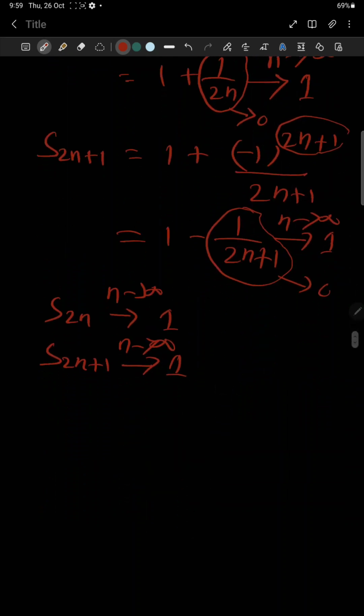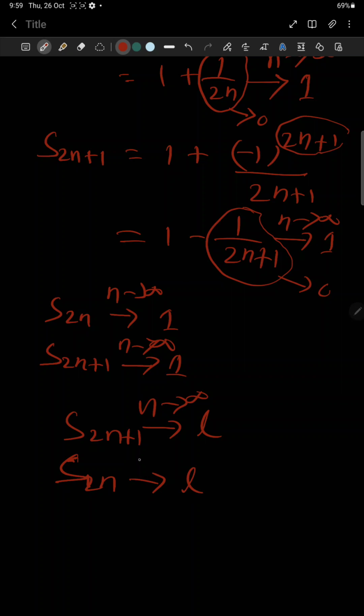And we know that if the odd subsequence and the even subsequence both go to L when n tends to infinity, then this implies that Sn tends to L, that is, the sequence converges to L. This is a nice result in real analysis.